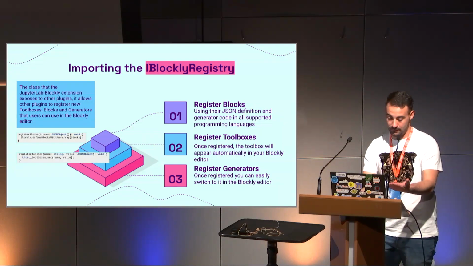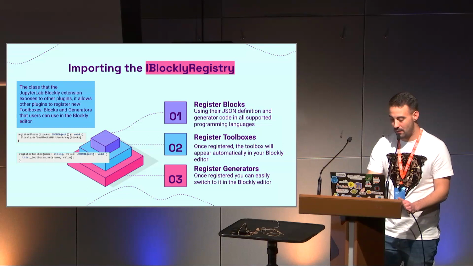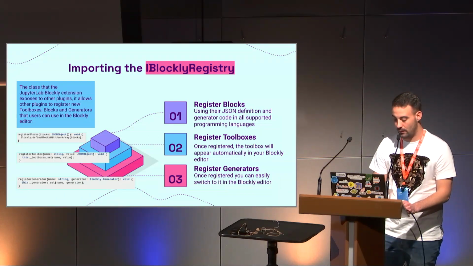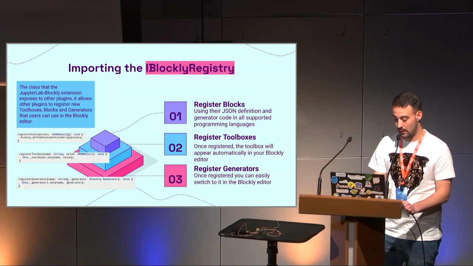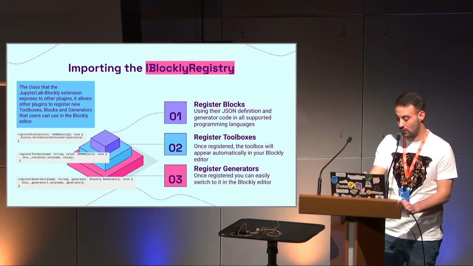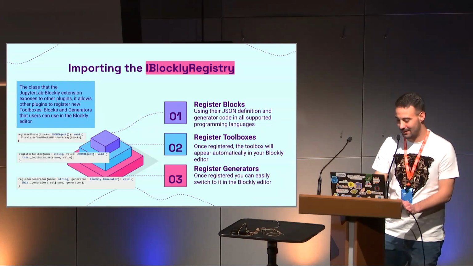And yes, basically this is the API that you can use from the token that we are providing in JupyterLab-Blockly to register as JSON objects or as a generator with the type generator from Blockly to register it into JupyterLab-Blockly.